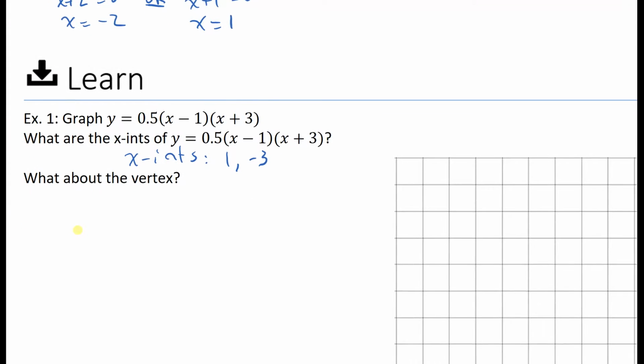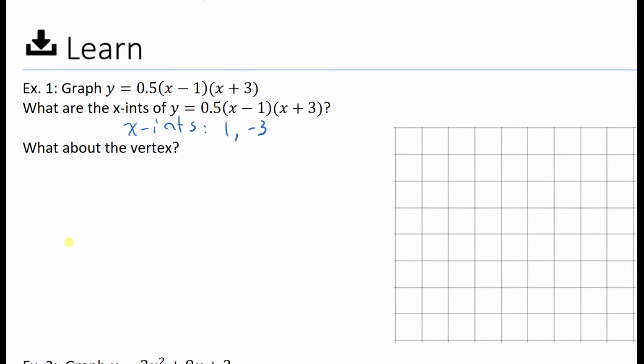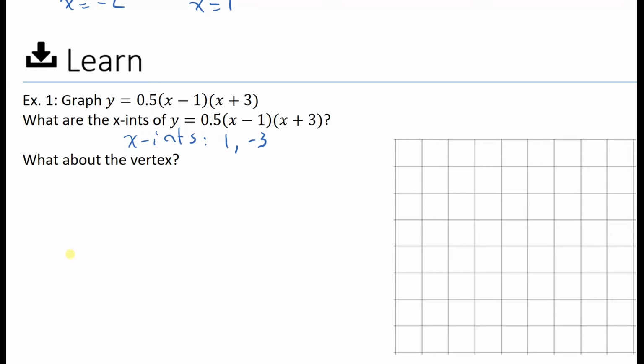What about the vertex? Where does the vertex go? Well, that's a little bit more tricky. Let's just start by graphing our x-intercepts and then figure out the vertex. A quick scale, indicate x and y.